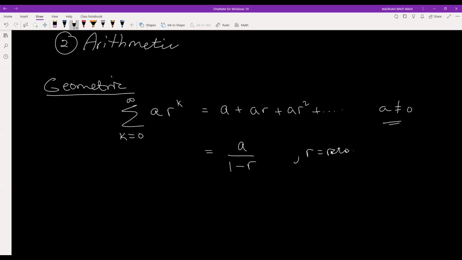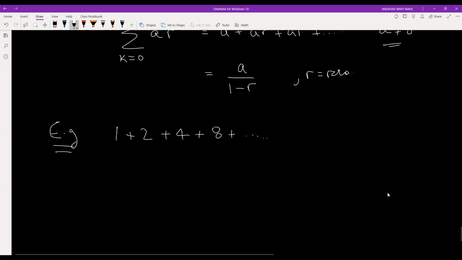For example, if I have 1 plus 2 plus 4 plus 8 plus so on, this looks like 2 to the power of k, because this is 2 to the power of 0, 2 to the power of 1, 2 to the power of 2, 2 to the power of 3.